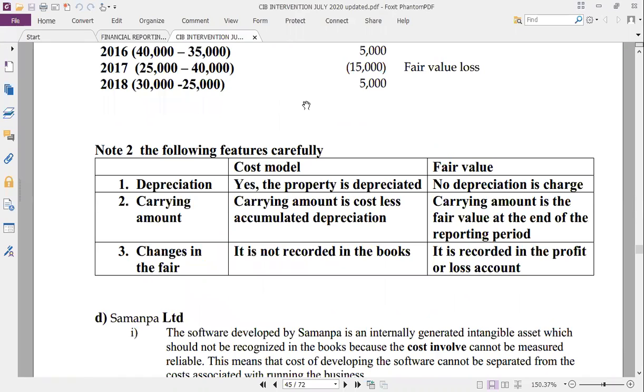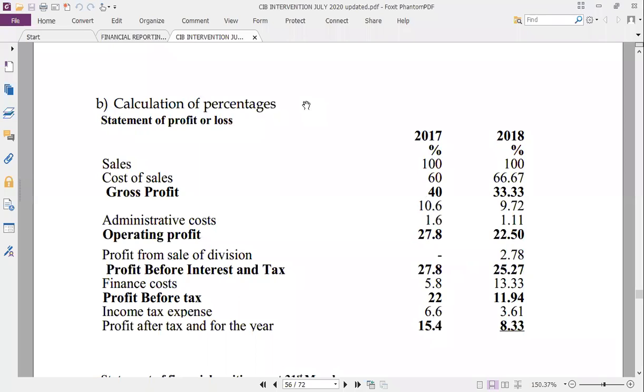Now let's use the ratios calculated. Okay, so they are here. First, you know that the cost of sales to sales ratio has increased.